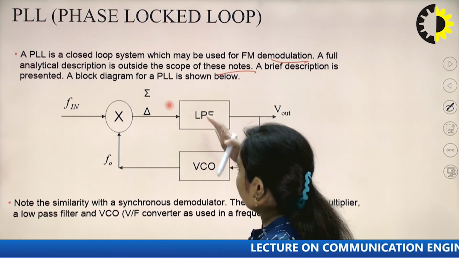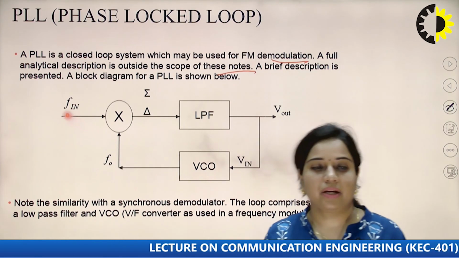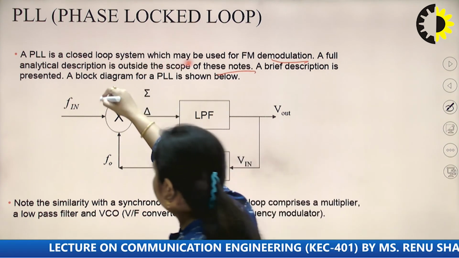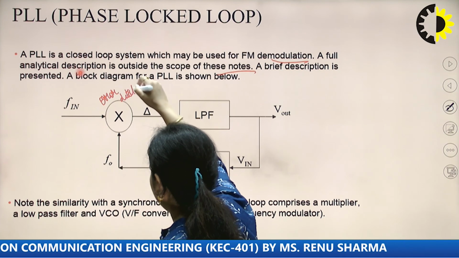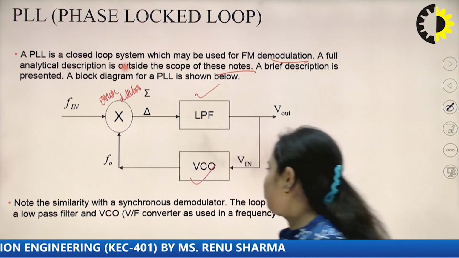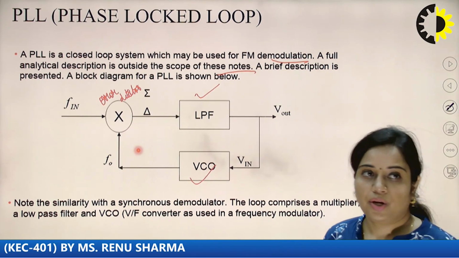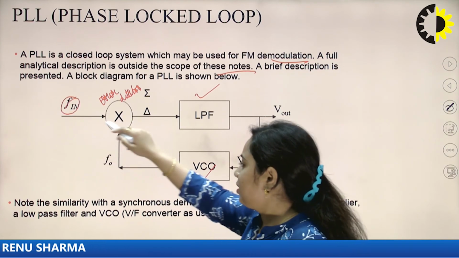What we are doing over here in PLL, there are three basic elements of a PLL. First one is the error detector. Second element is the low pass filter. Third element is the voltage controlled oscillator, known as VCO. The input to this error detector is known as FN, that is the input frequency.